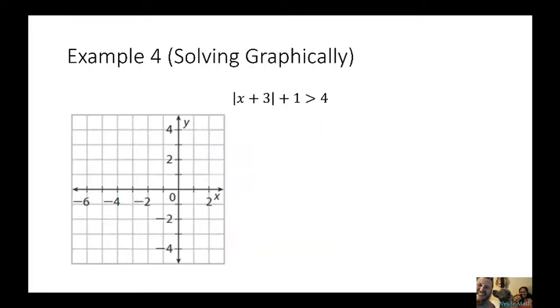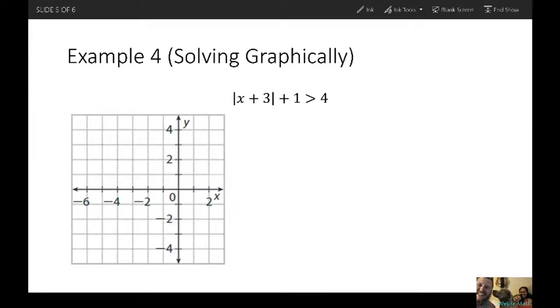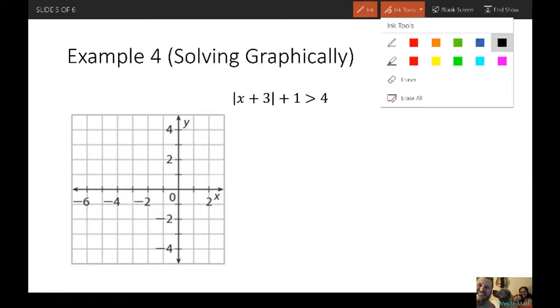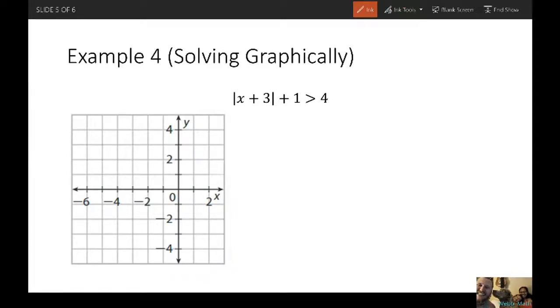Okay. The last example I want to show you is solving graphically. So just like when we graphed our equations for regular absolute value equations, it's kind of the same even with inequalities. So when you graph these, you're still going to look at the same process. Now, what's my h, what's my k for the left-hand side?